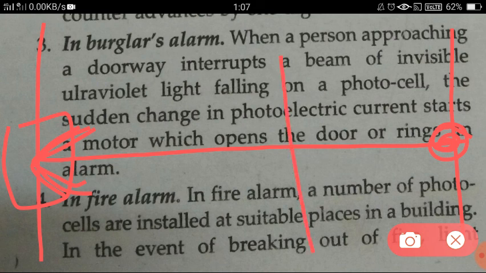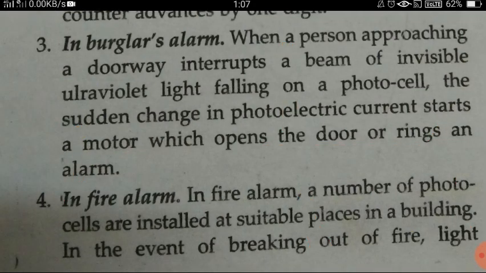But when any thief or burglar tries to enter the home, they interrupt the path of light, and that's why the photocell cannot sense the light, and that's why it will ring the alarm. Okay, so this is how the burglar alarms work.